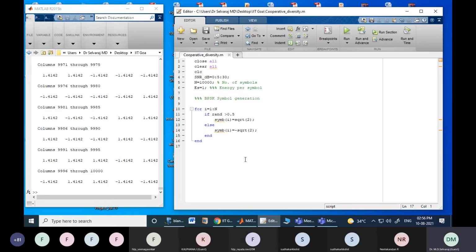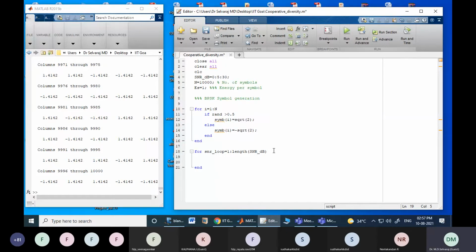Now let us start another loop for SNR. Let us call this the SNR loop because I am going to vary the SNR, to the length of SNR dB. That means I am going to take each SNR, energize a symbol and transmit it.